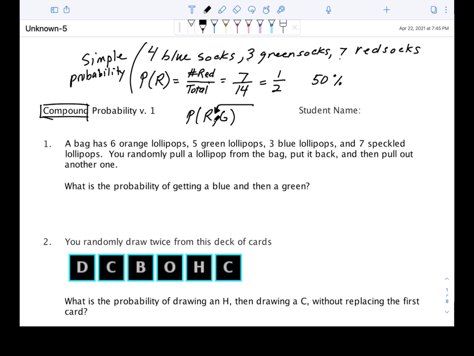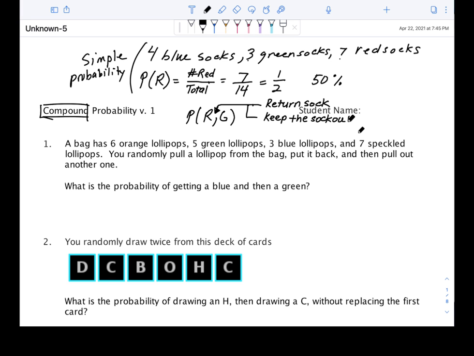If I choose my red sock, I have two options. Am I going to return the sock after that first pick and then draw another one, or am I going to keep the sock out?